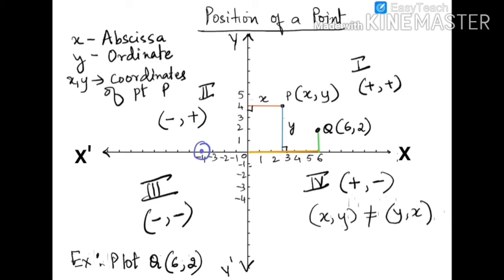So the coordinates of this point will be (-4, 0). Similarly, if we have a point on the y-axis, let's say this one, then the x coordinate of this point will be 0 and the y coordinate will be 5.